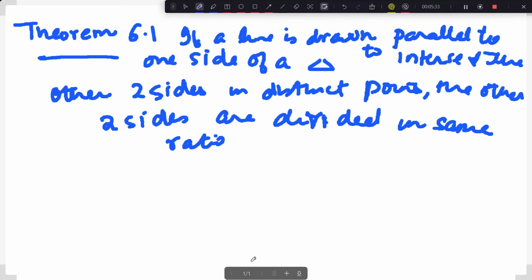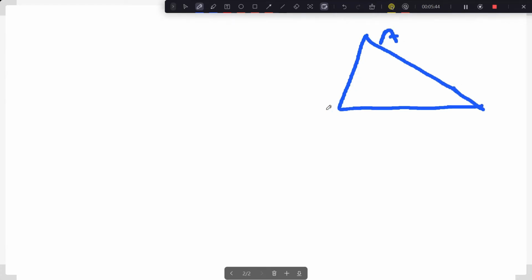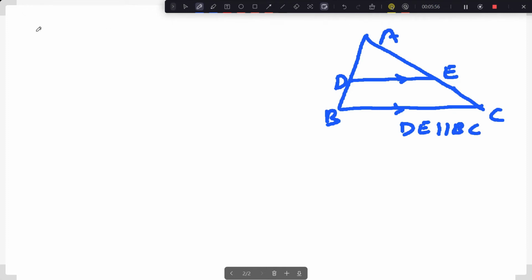So what does this mean? What does this theorem mean? Let's look at it more closely. Supposing we have a triangle like this, right? A, B, C. We have a line DE, which is parallel to BC, right? So what is given?